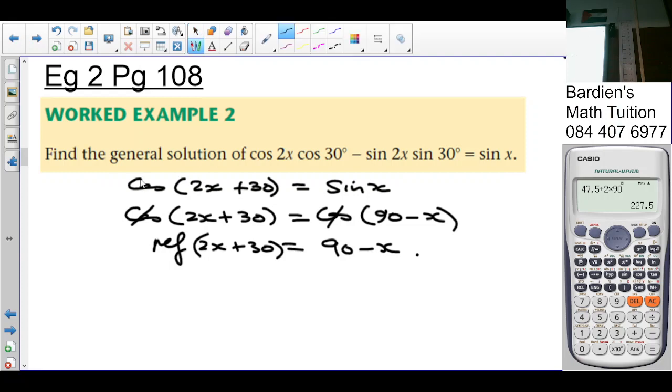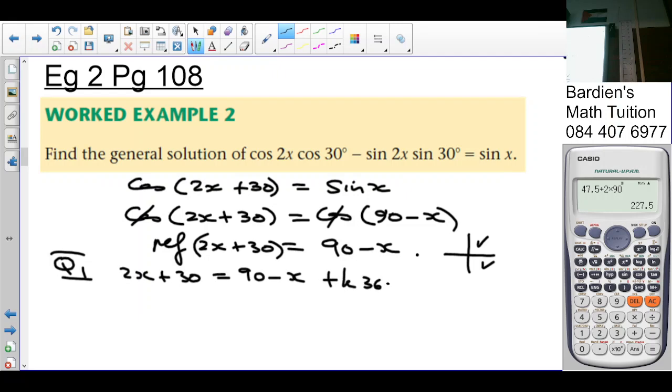Okay, so in which quadrant is cos positive? Quadrant 1 and 4. So let's go with quadrant 1. It's going to be 2x plus 30 equals 90 minus x, remember it's the straight angle in the first quadrant, plus k times 360. Take x over, it becomes 3x, so 3x is equal to 90 minus 30, which is 60, plus k times 360, divided by 3, so x equals 20 plus k times 120. You all got that?